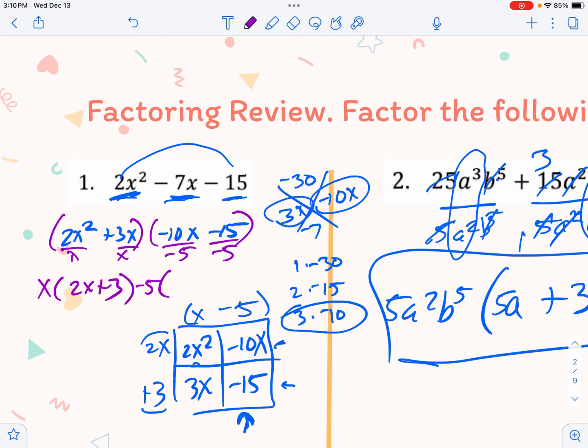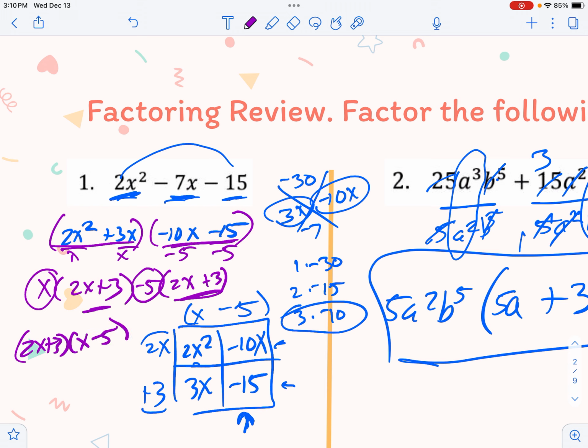So that's minus 5 times, 5 goes into negative 10 2 times, so that's 2x. Negative 15 divided by negative 5 is positive 3. These two binomials are the same, so it's 2x plus 3. And what I factored out of these two was the x and the minus 5. So that's my other factor. So you can see there's 2x plus 3, and there's x minus 5.